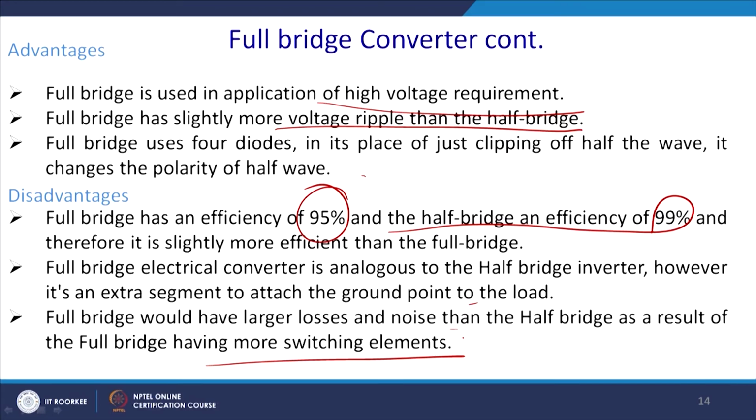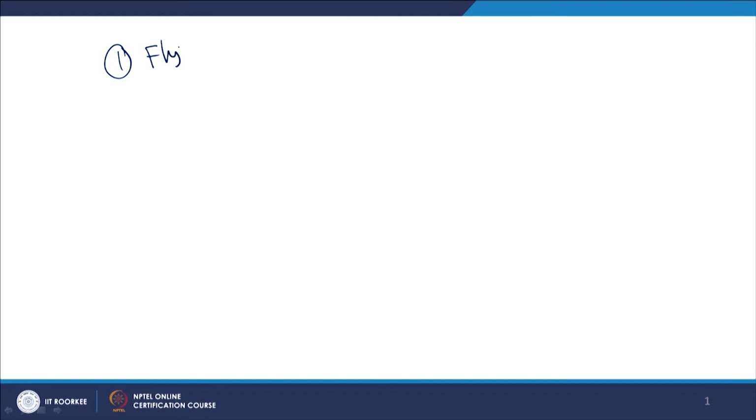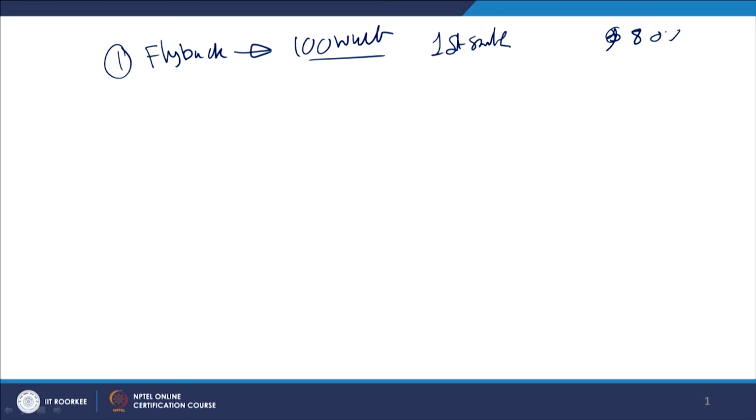This is the overall discussion of the isolated DC to DC converters. So, we have discussed first the flyback, and its power handling capability is around 100 watt, and if you see the switches, it is one switch, and efficiency in the range of 80%.